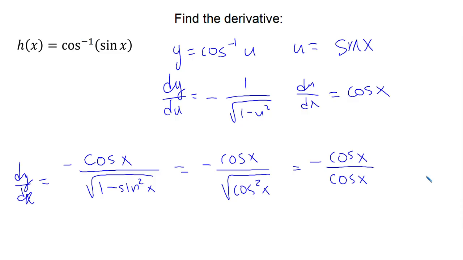We have to remember what the square root of something squared actually reflects. It reflects the absolute value of that thing. So if you want to rewrite it in one of these forms, that's fine. But you can't say unequivocally that the square root of cosine squared x is just equal to cosine x. So we're going to leave it in one of these three forms.